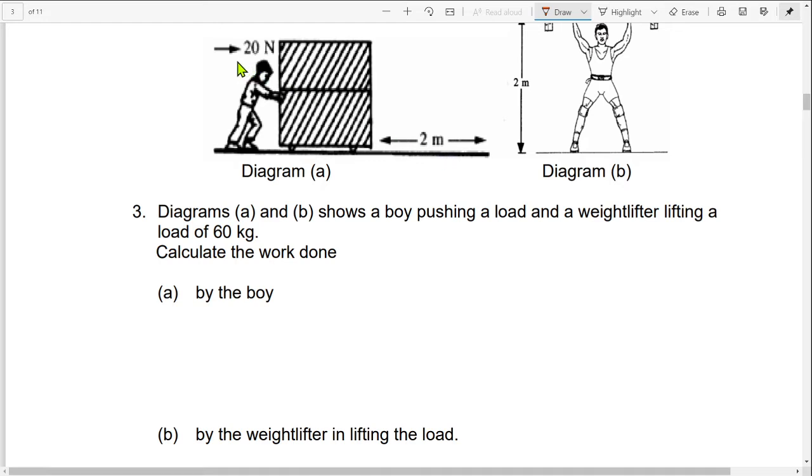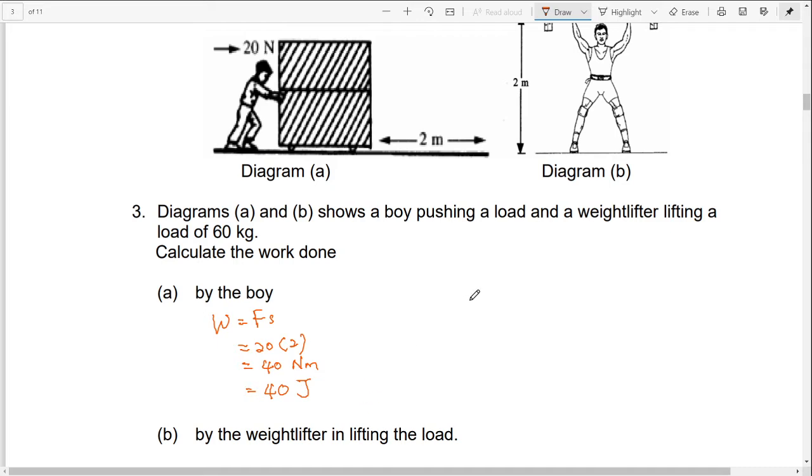So my pushing force is already parallel to my displacement. All right, so W equals Fs. My force is 20 Newton, my displacement is 2 meter, so that will be 40 Newton meter. Newton meter can also be written as Joule.